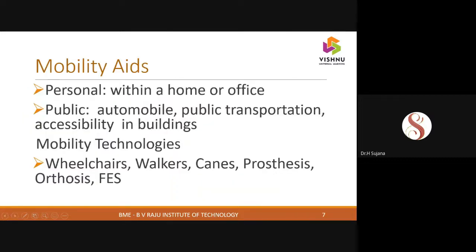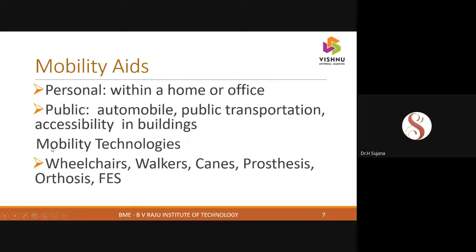When you talk about mobility aids, we divide them into two things. It can be personal, just within a home or an office, which is a kind of closed space. But in public areas, it is about how public transportation is modified to make it accessible for differently abled people, or accessibility in buildings.